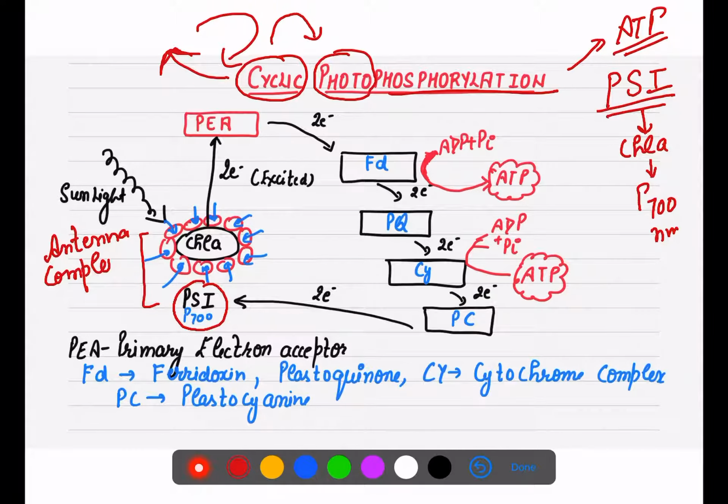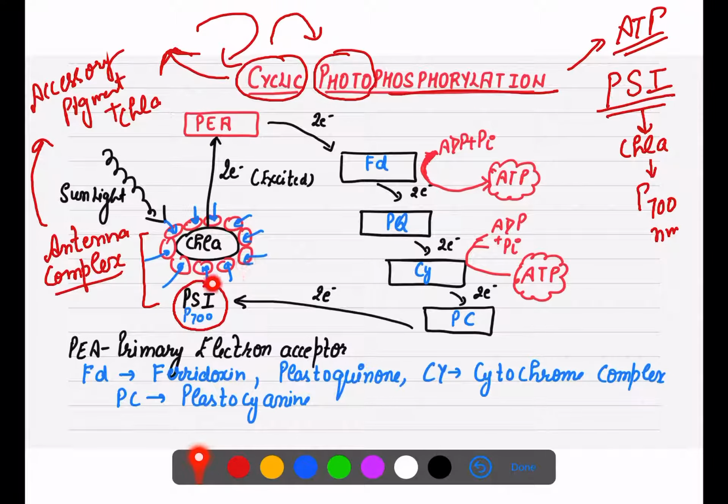It is made up of accessory pigments plus your main molecule, chlorophyll A. So as light is absorbed by these accessory pigments, they transfer the whole energy to chlorophyll A. So chlorophyll A, after absorbing the light at a wavelength of 700 nanometer and absorbing the energy from these accessory pigments, gets excited and releases a pair of electrons, and they will be received by PEA. What is PEA? It is the primary electron acceptor.